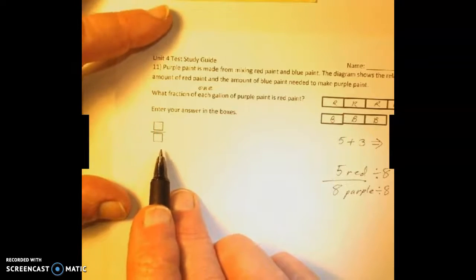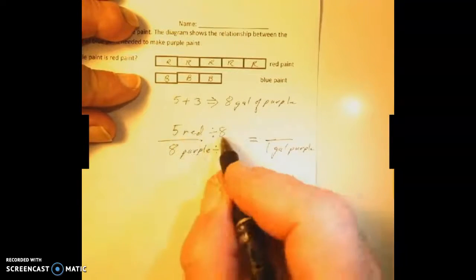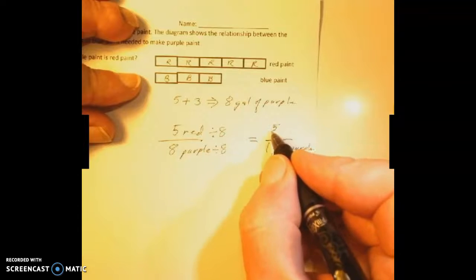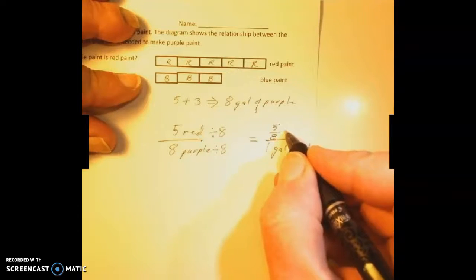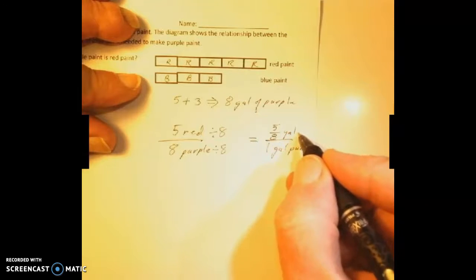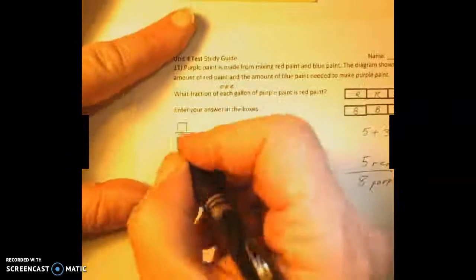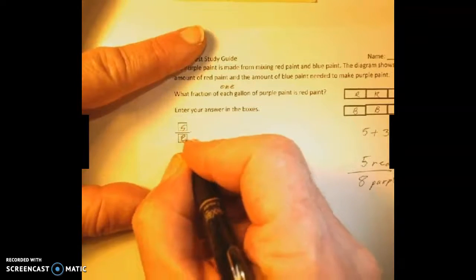They're looking for a fraction answer. So instead of going to a decimal here, just go to a fraction. 5 divided by 8 can be written as a fraction. It's 5/8 of a gallon of red of the whole mixture. So 5/8 of the mixture is red. Out of each gallon of purple, that is your answer, 5/8.